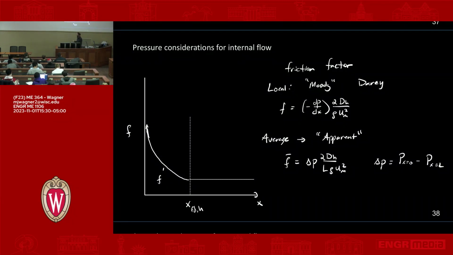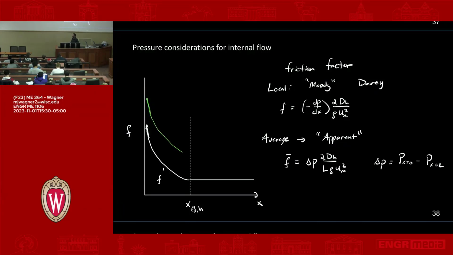What about the average friction factor? How does that behave? Let me draw it in green here. We're starting off at an infinite friction factor, and then we're going to integrate as we go on. The weighted integral that includes infinity at 0 is always going to be higher than the current friction factor. So you're starting off at infinity, or it's undefined, just like F, and that comes down as well.